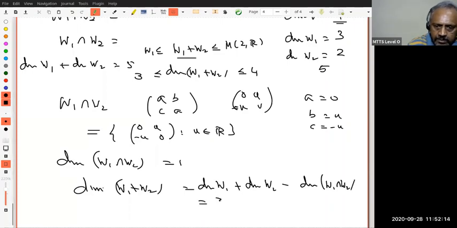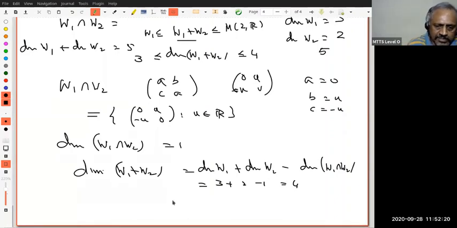This is 3 plus 2 minus 1, which is 4. So what does it say? It says that W1 plus W2 is a vector subspace of V, but this dimension is 4, and the dimension of V is also 4. Therefore, what do we conclude? W1 plus W2 equals V.